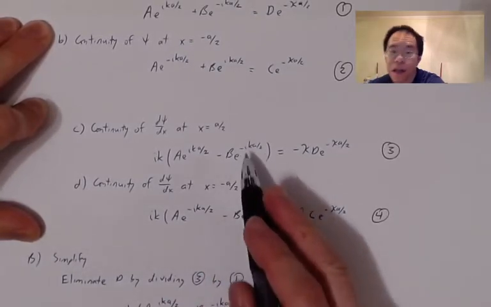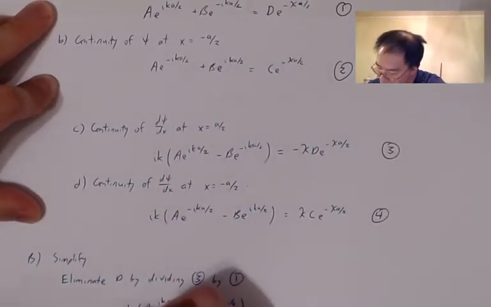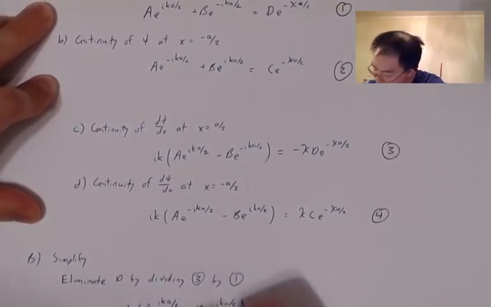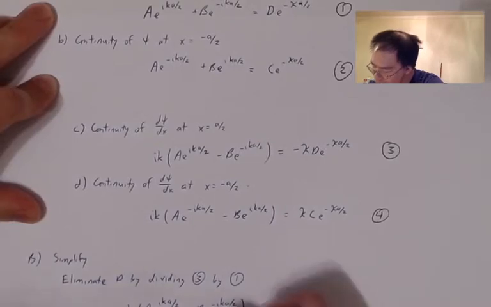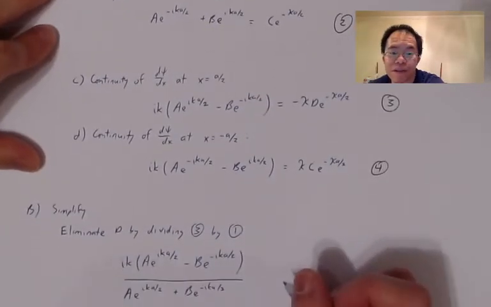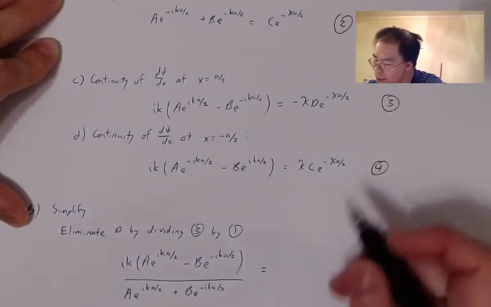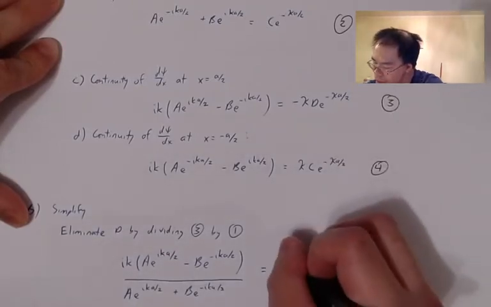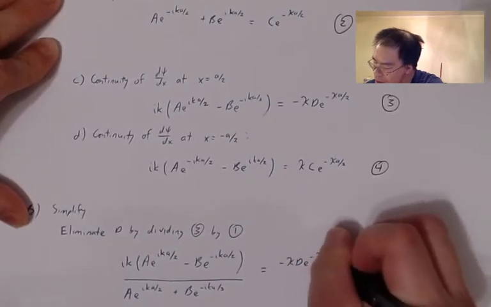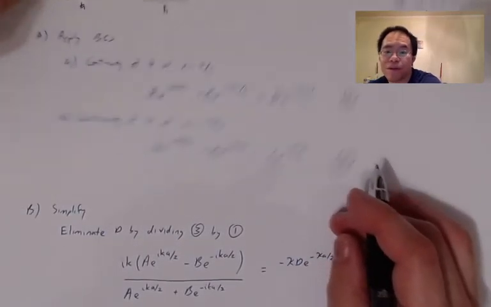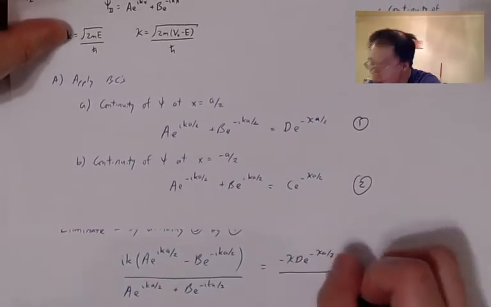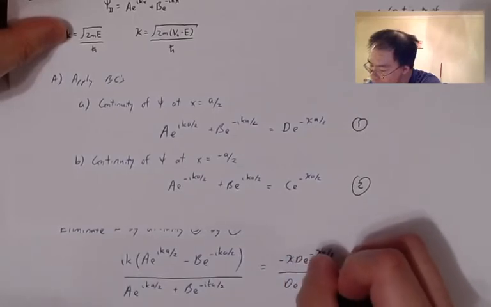The left-hand side of 1 is a e to the ika over 2 plus b e to the minus ika over 2. Similarly for the right-hand sides, the right-hand side of 3 is minus kappa d e to the minus kappa a over 2, and the right-hand side of 1 here is d e to the minus kappa a over 2. So I'm going to just set this aside.